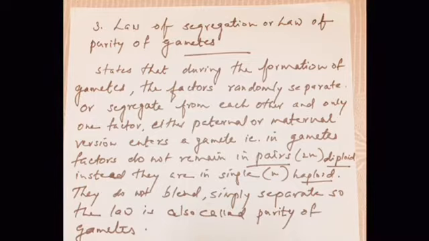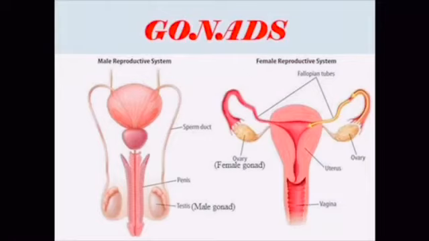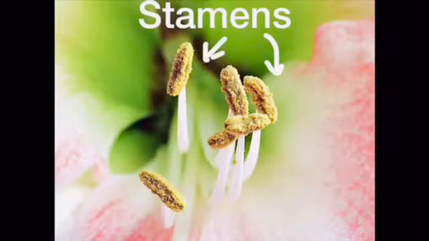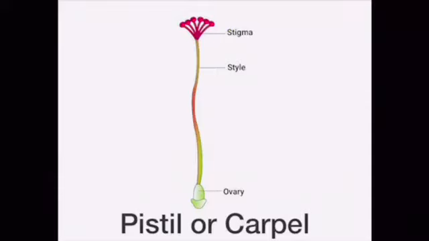The third law, the law of segregation or law of purity of gametes. What is the meaning of segregation? Separation, isn't it? This law states that at the time of gamete formation, that is in animals, when the sperms are produced in the testis and the eggs produced in the ovaries, in the case of plants, the pollen which is formed in the anther, which is a part of the stamen, the male part, and the egg which is developed in the ovule of the ovary of a carpel.